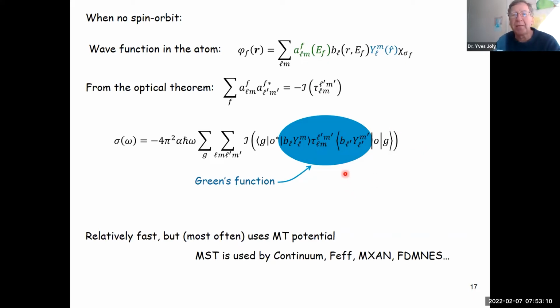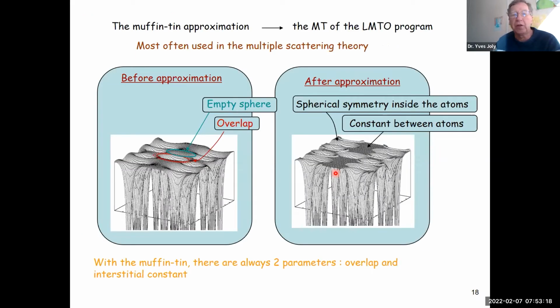And for people who like mathematics, this here is the Green's function solution. So this technique is relatively fast, and very often used. Unfortunately, it most often uses the muffin-tin approximation on the potential. So in this approximation, the potential is constant between the atoms and spherically averaged inside the atoms.